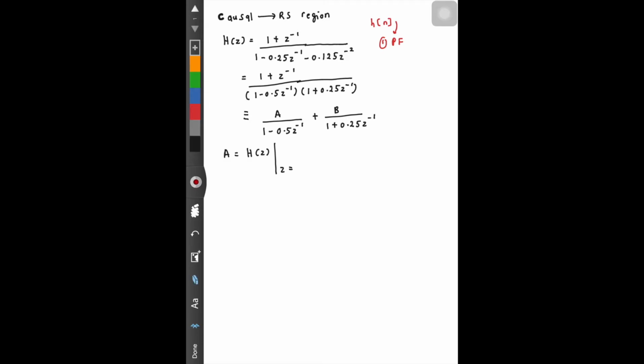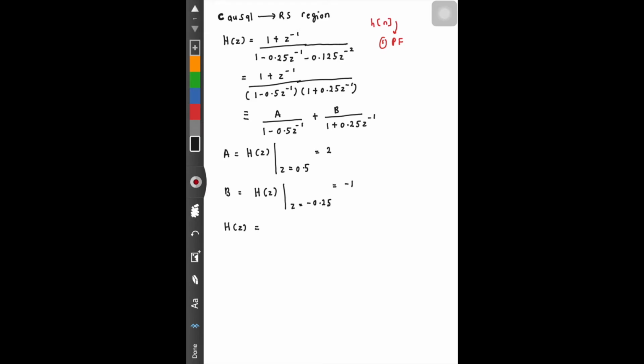You substitute z with 0.5 in H(z), and you will get A equal to 2. For B, you substitute z with minus 0.25, and you will get minus 1.